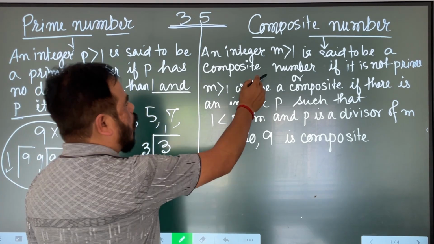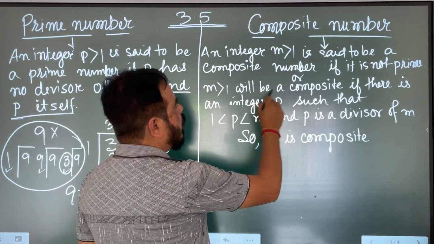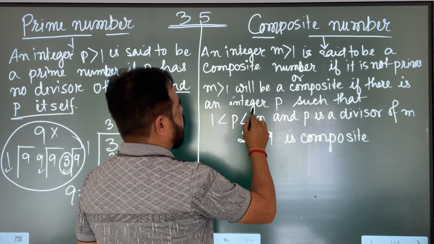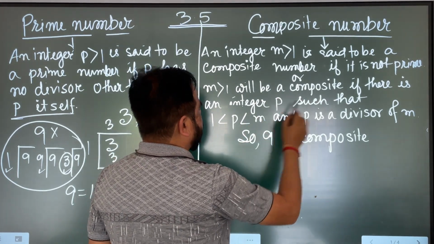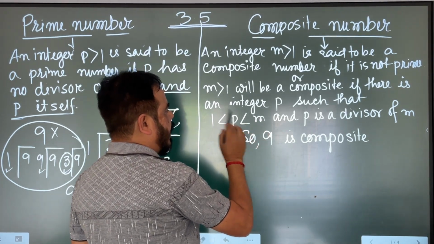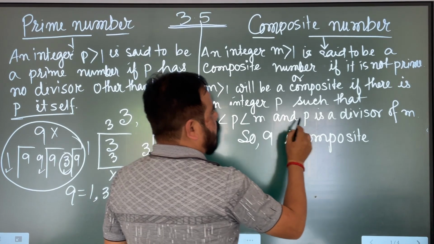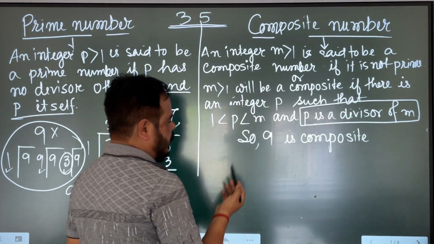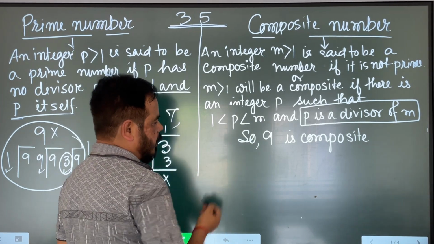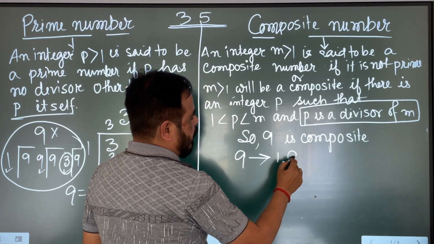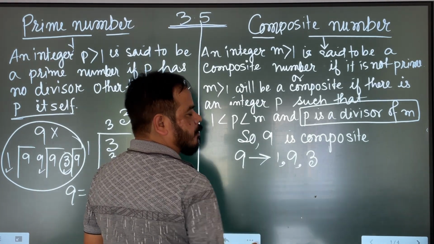Second part: m greater than 1 will be composite. That means m will be composite if there is an integer p such that p is greater than 1, p is smaller than m, and p is a divisor of m. Let us go to 9 only: 1, 9 and 3.